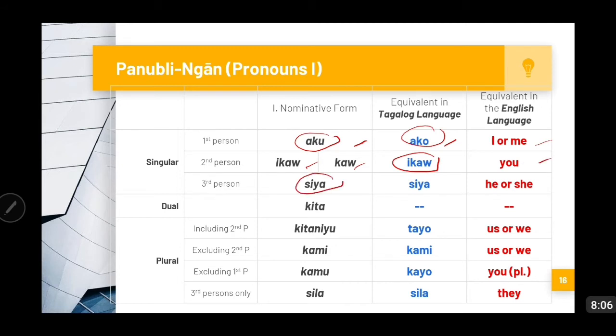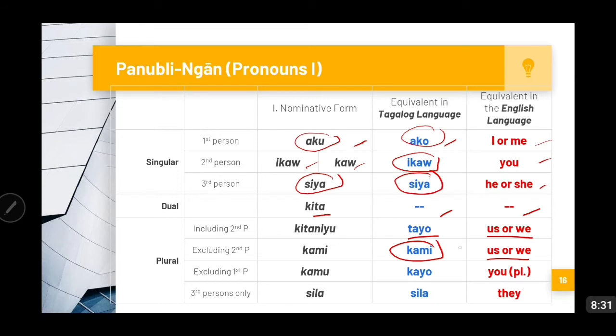Third person, siya, he or she. In the Sinūg language, we have a dual form which is kita. In Tagalog, there are no dual forms. In English as well. The plural forms: we have kita niyo. In the Tagalog language, it's tayo. In English, us or we. Kami is the same in Tagalog, kami, or us or we.